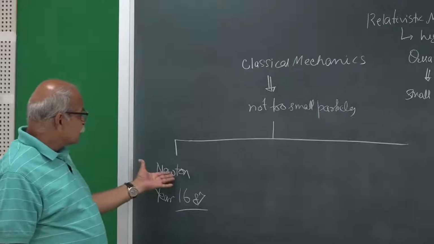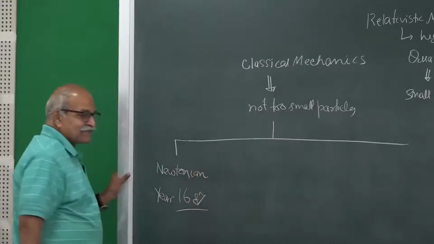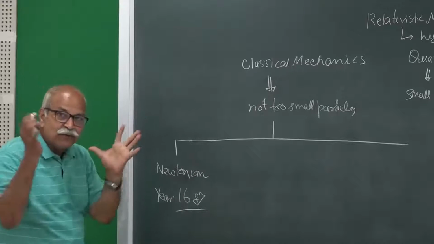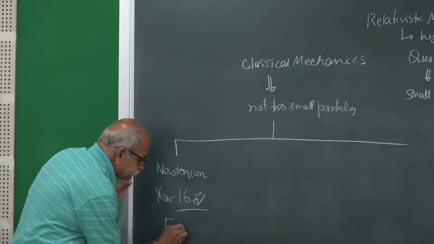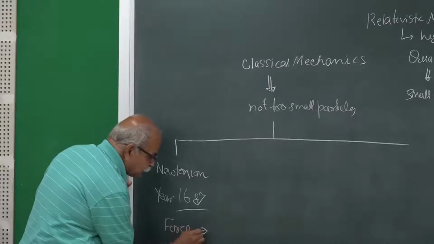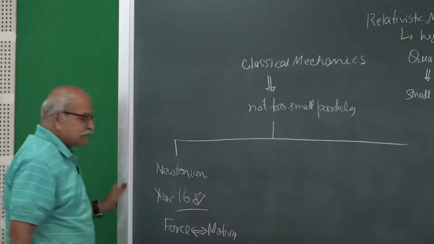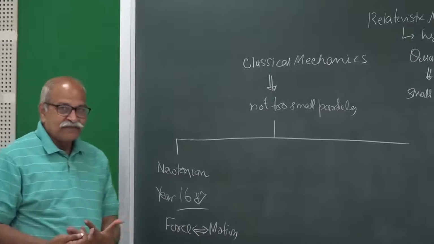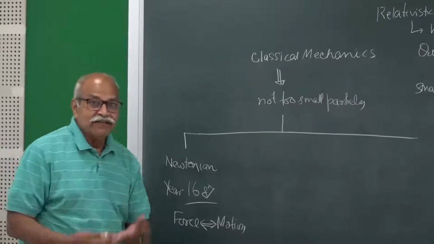We call it Newtonian mechanics, where the central thing is force and motion, force related to motion. This is the central idea. We talk of forces acting on particles, exerted by other particles.